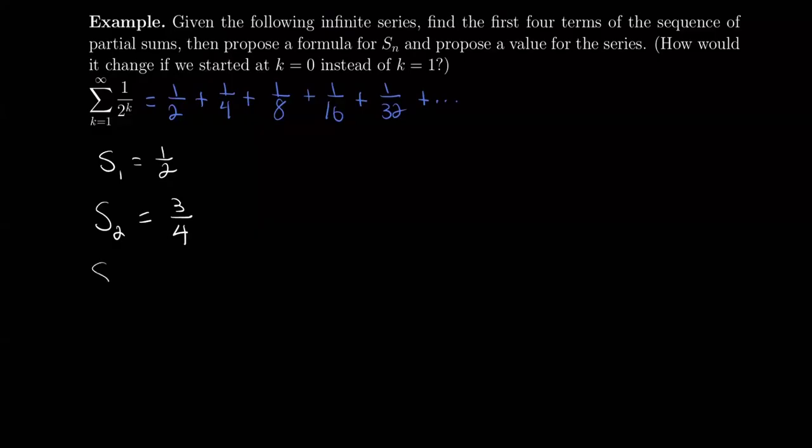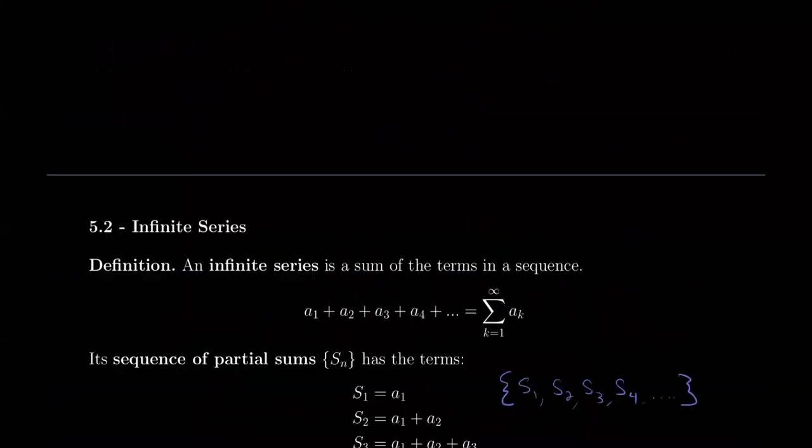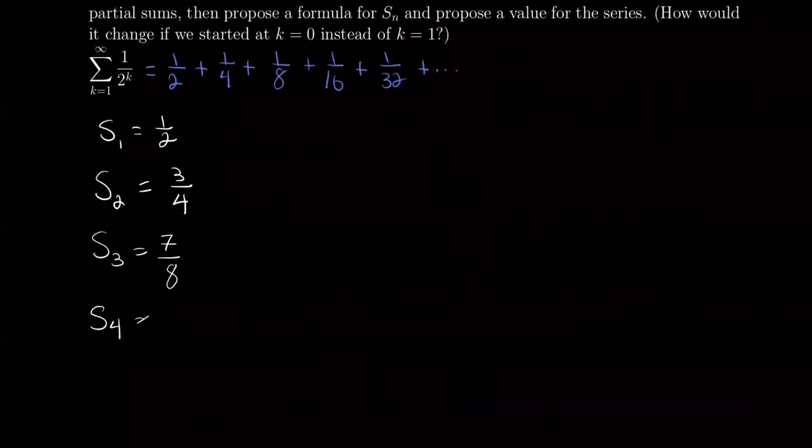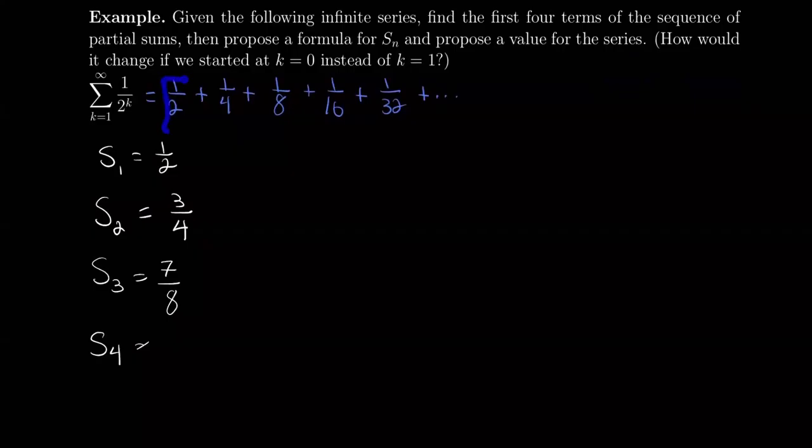S sub 3 would be the sum of the first 3 terms, and I already used my calculator and I added those up, kept that as a fraction. S sub 4, whoa, I'm so sorry. I am so sorry about that. There we go. S sub 4 would be the sum of the first 4 terms, and I already used my calculator, so I will tell you that I got 15 over 16.